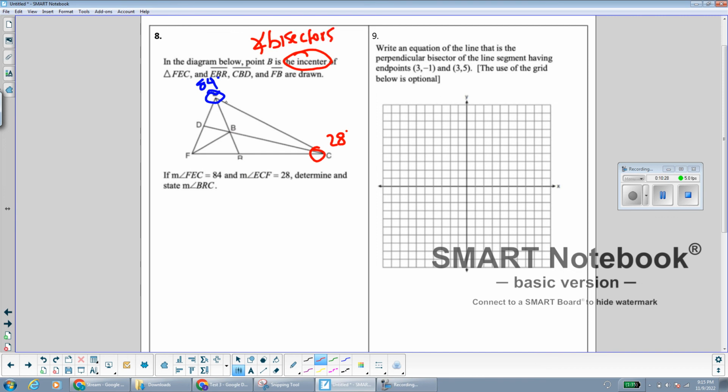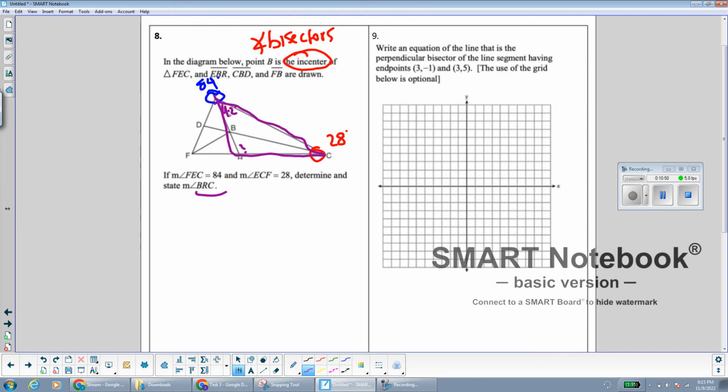So since these are all angle bisectors, they're cutting the angles in half. So this is 84, but half of it is 42 degrees. We want to find angle BRC, this angle right here. So that angle is located inside of this triangle.